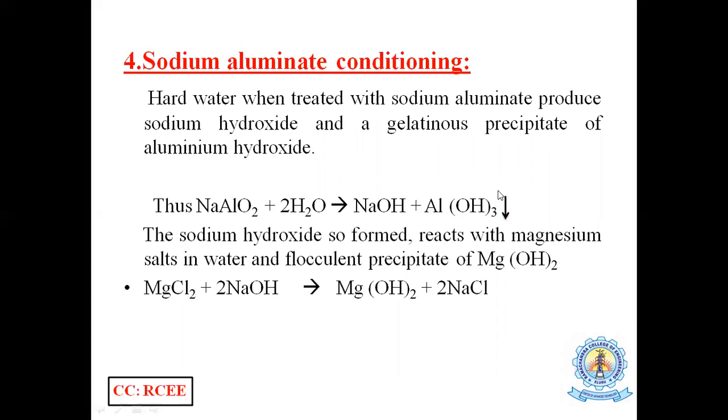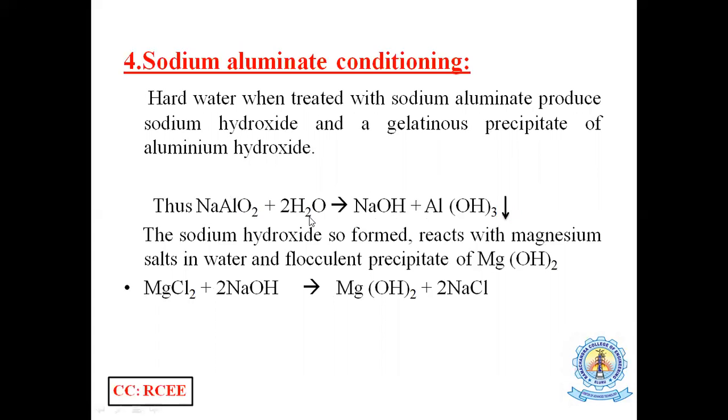This is also a precipitate, and sodium hydroxide reacts with magnesium chloride to form magnesium hydroxide, which is also a precipitate. We can easily remove it by filtration or blow down operation. These are a few methods to remove the scales formed on boiler inner walls, converting them into sludges that we can easily remove.